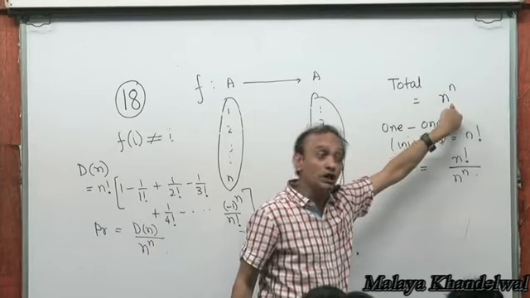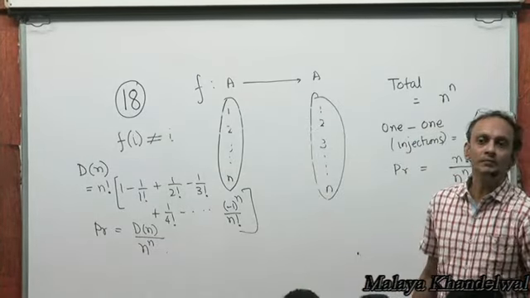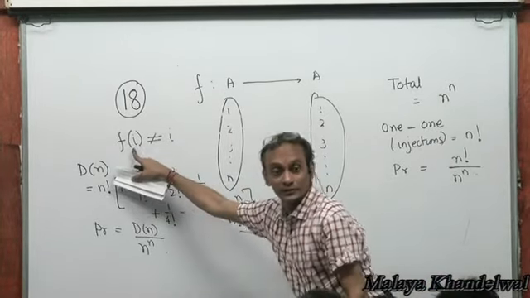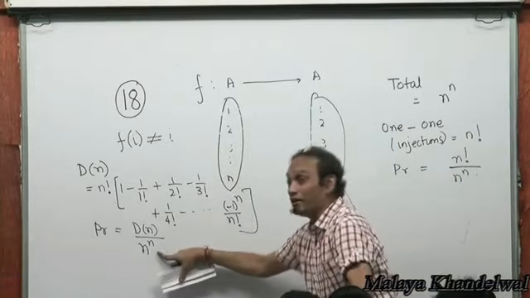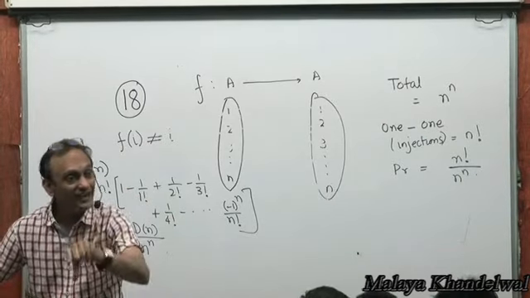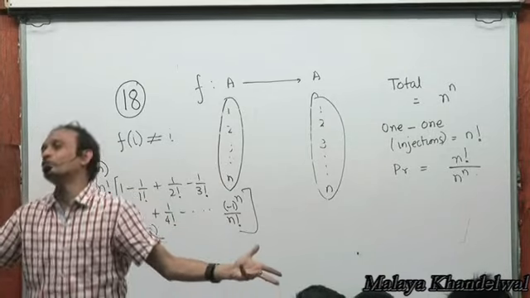It could be 1 to 1 or many to 1. But now if I said only injective maps are created from A to A, what's the probability that this will happen? Absolutely. Now it's going to be D_n / n!, because the new sample space would be n!. Yes or no? The new sample space would be n!, because I know that only 1 to 1 maps are created.